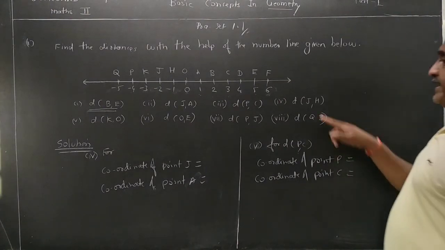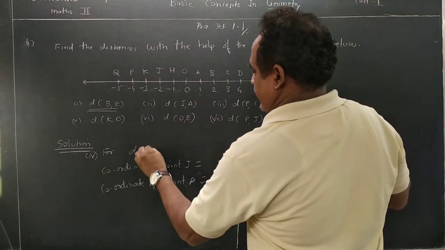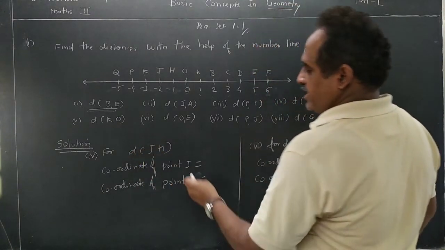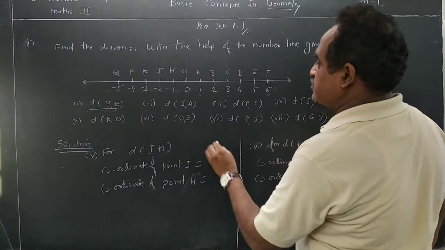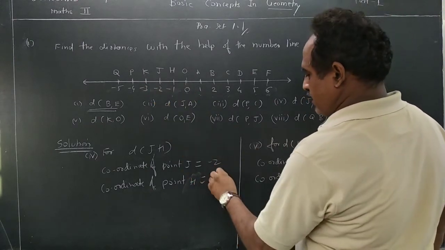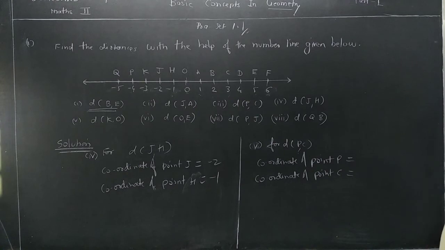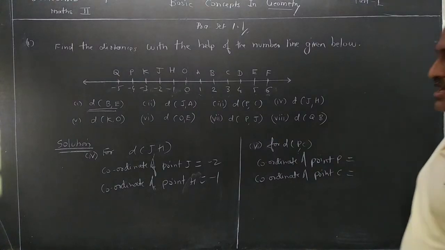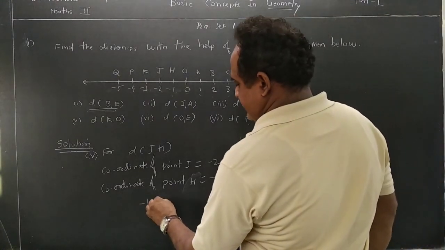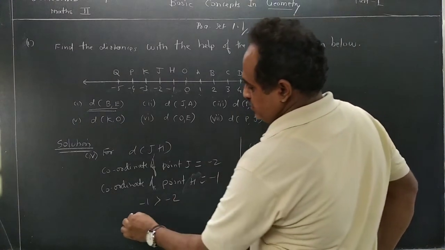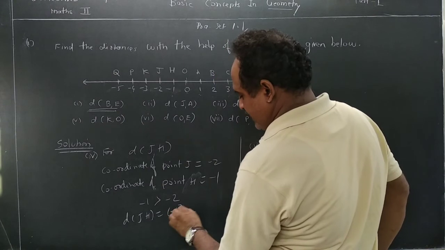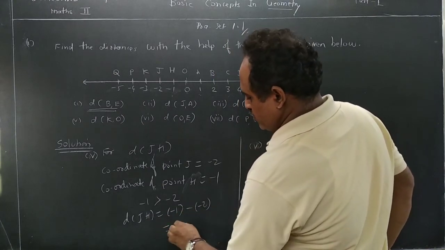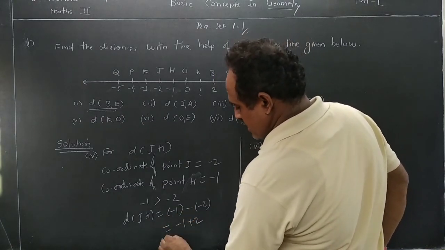Now, the fourth question is distance JH. Coordinate of point J is minus 2, H is minus 1, and if you compare J and H, I can say that minus 1 is greater than minus 2. So distance JH is equal to minus 1 minus minus 2, that is minus 1 plus 2.